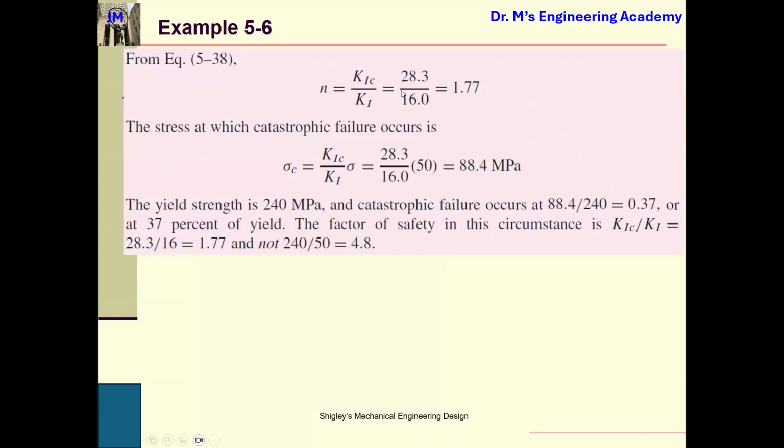KIC is a constant for the same material, and KI is dependent upon the loading condition and geometry. Based on this, you can calculate the safety factor and the stress at which catastrophic failure occurs. Catastrophic failure occurs when KI equals KIC.